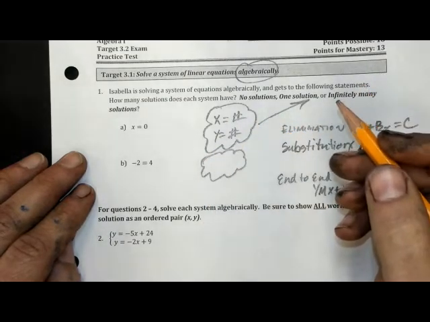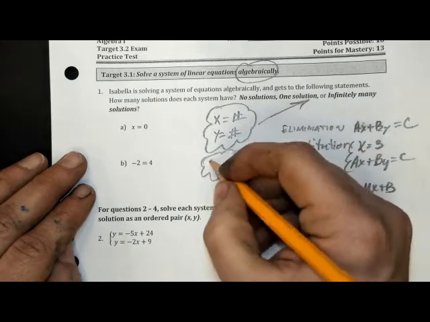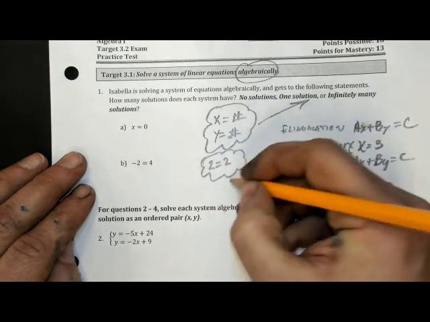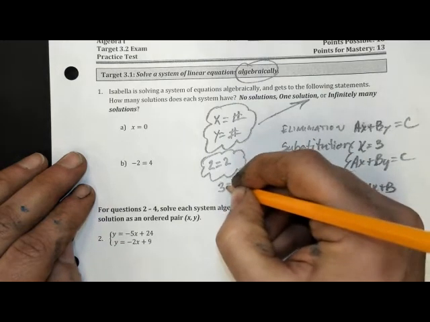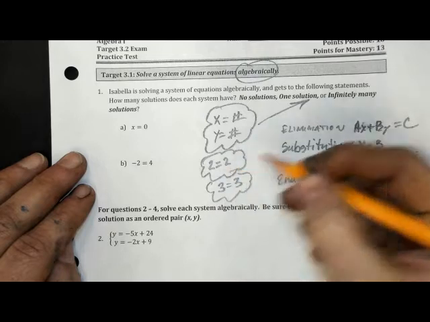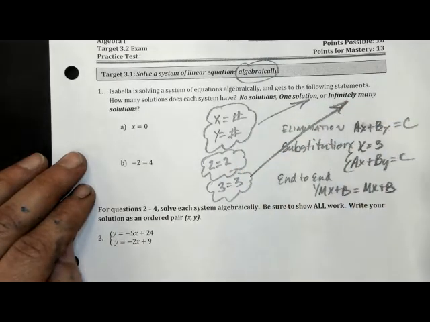All the x's and y's could be eliminated. If everything cancels and you're left with two identical numbers equal to each other, such as 2 equals 2 or 3 equals 3, that is what happens when there are infinitely many solutions, and if you graphed it, the lines would be on top of each other.